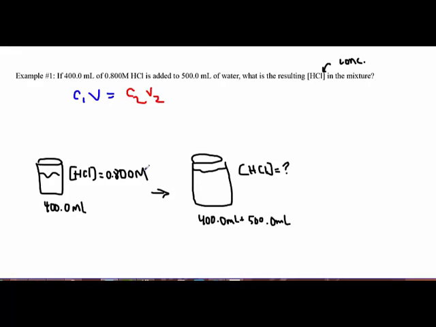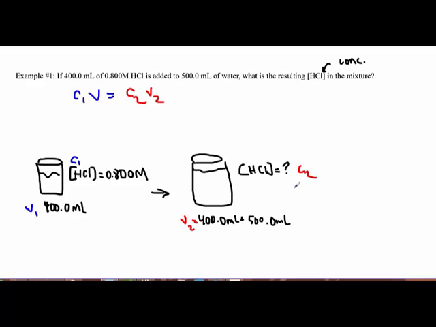So I can see that C1 is going to be my original concentration of hydrochloric acid, and V1 is going to be my volume. Okay, and over here on the other side, my V2, my final volume, is going to be the new volume when I add the 400 mils to the 500 mils of water. And so what I'm really looking for here is the C2 in my question.